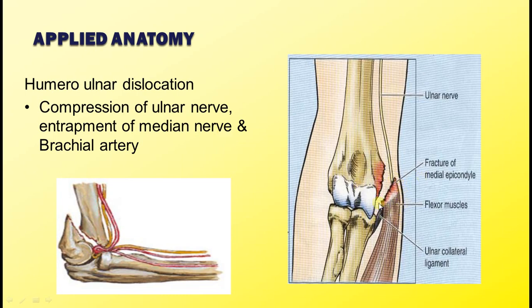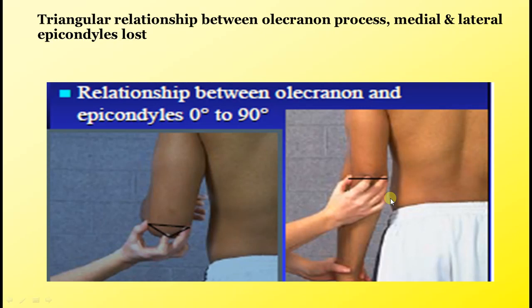In medial epicondylar fracture, again it is the involvement of the ulnar nerve. Here, I told you the relationship between the two epicondyles and the olecranon process should form a triangle, and in a flexed elbow it should be 90 degrees.